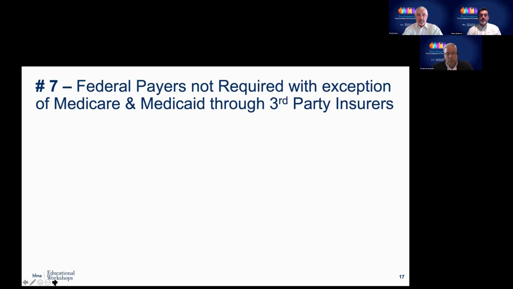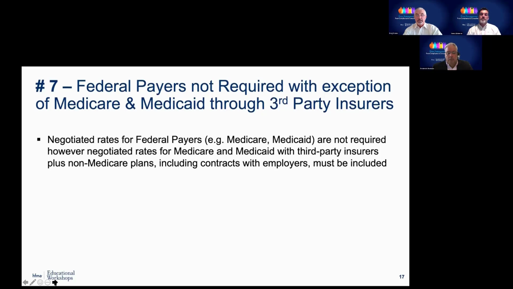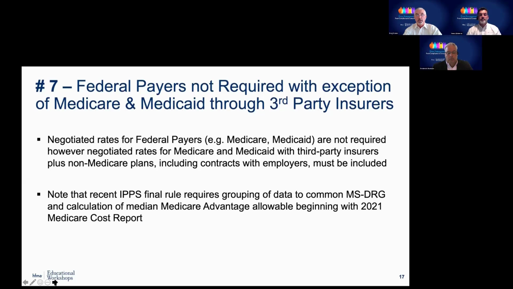Number 7, negotiated rates for federal payers, basically Medicare and Medicaid, are not required, since that information is already readily available. However, negotiated rates for commercial Medicare and Medicaid plans plus non-Medicare plans, including contracts with employers, must be included. That's an important point to note.